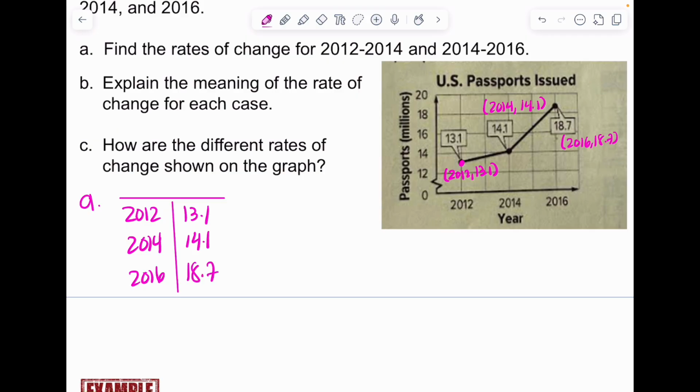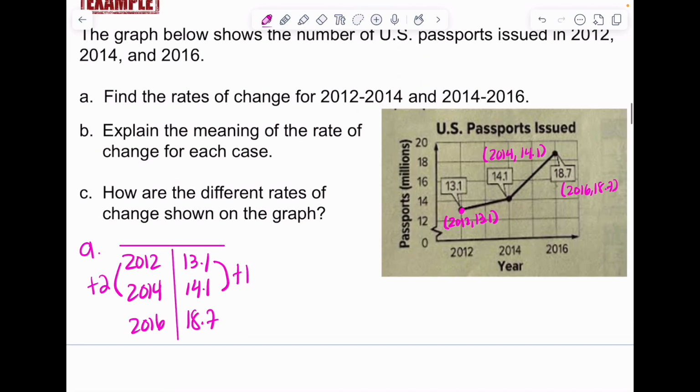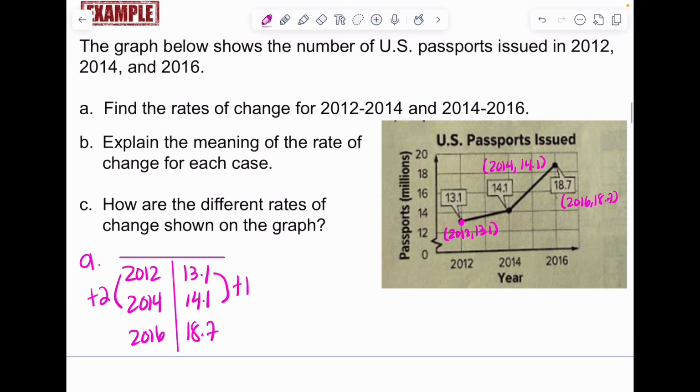Well, the rate of change from 2012 to 2014, we added 2, and 13.1 to 14.1, we added 1. So from 2012 to 2014, my change in y over my change in x was 1/2. Let's discuss what's happening from 2014 to 2016.